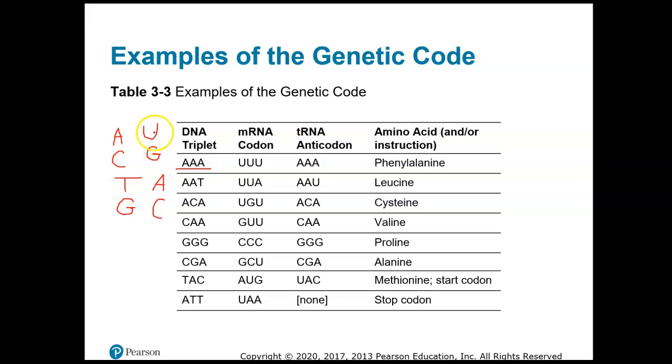So RNA has uracil in the place of thymine. So if the DNA has 3 A's, then what's complementary to those A's are 3 U's.